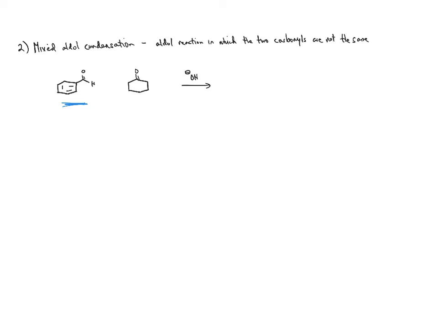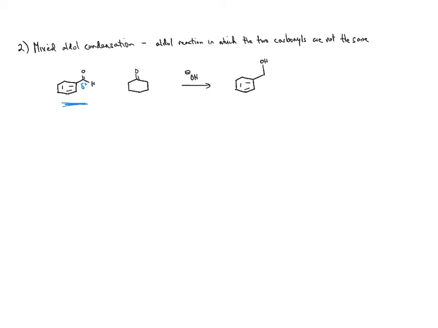So the only reactivity that this has is electrophilicity at the carbonyl carbon. Right? So this allows you to funnel into only one product. Right? So the product that's going to form from this comes from the enolate of the cyclohexanone. And so the enolate of the cyclohexanone reacts with the aldehyde of the benzaldehyde, and that's what's going to give you only one product here.